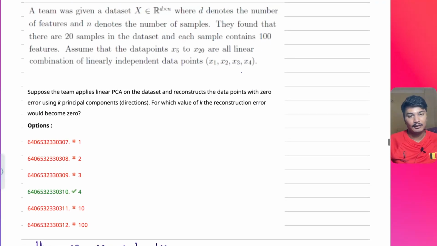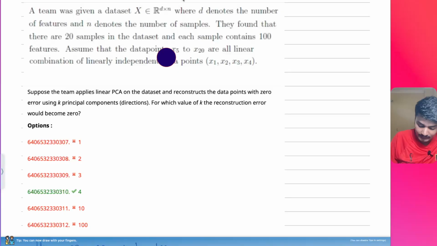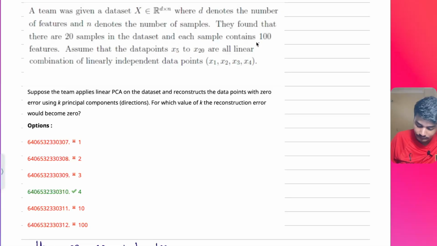Okay, now let's move to the next question. A team was given a data set X from R d cross n, where d denotes the number of features and n denotes the number of samples. They found that there are 20 samples in the data set, and each sample contains 100 features.